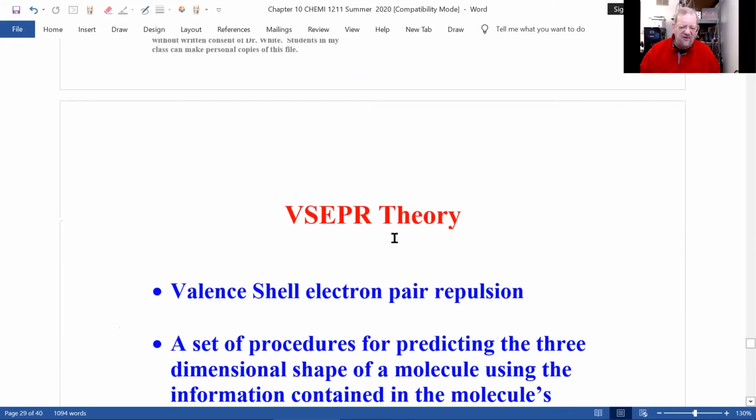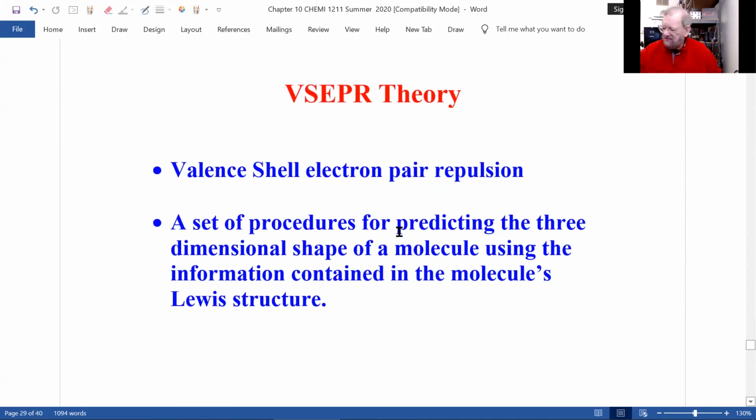This is called the VSEPR theory, which stands for valence shell electron pair repulsion. Electrons having the same charge, negative, when they're in a pair, want to stay away from other pairs of electrons because of repulsion.